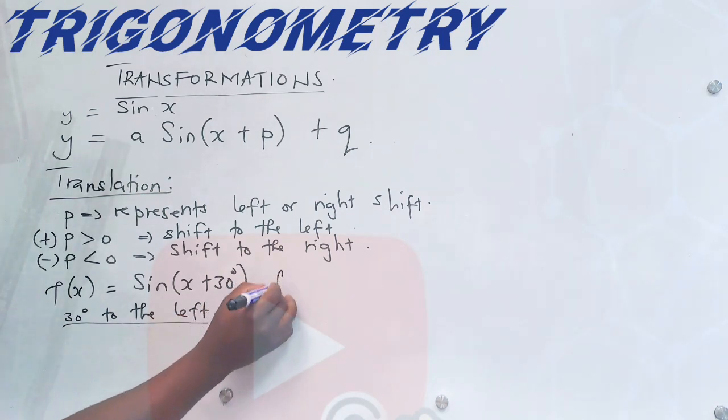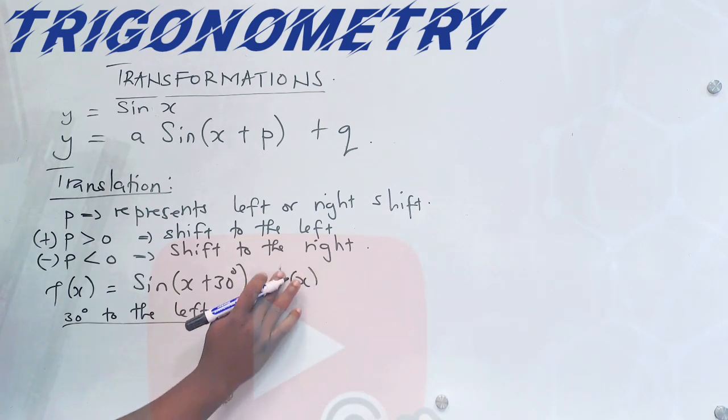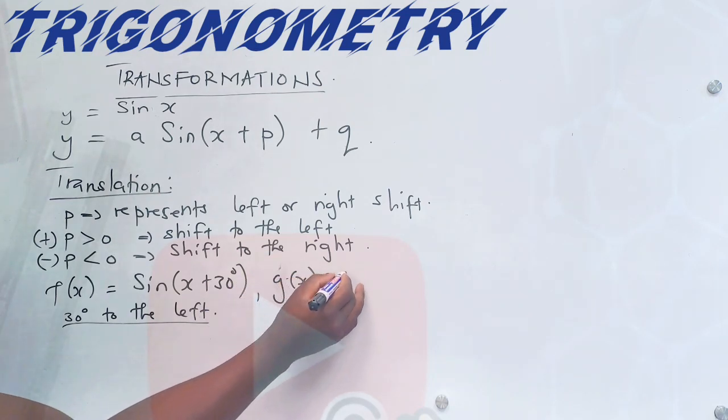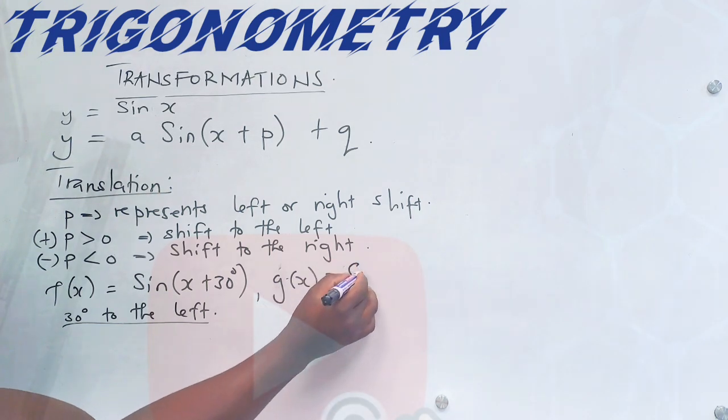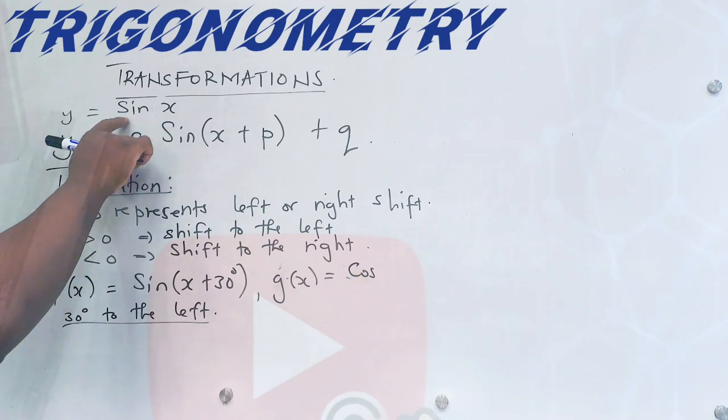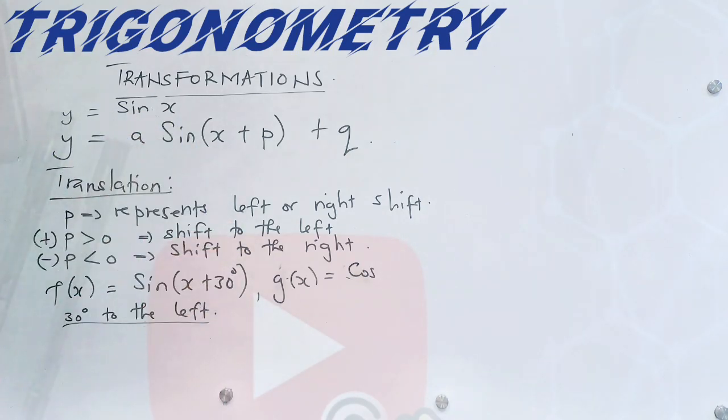Then g of x is equal to, in this case, let me use cos. These things for cos and sine, even for tan, it's just the same thing. You use the same method. I'm going to use all different graphs so that you can understand how to use it on all the three graphs.